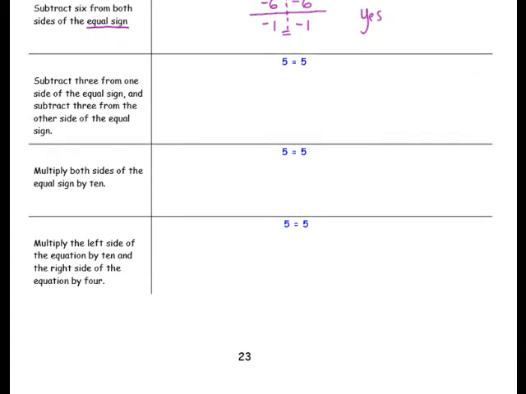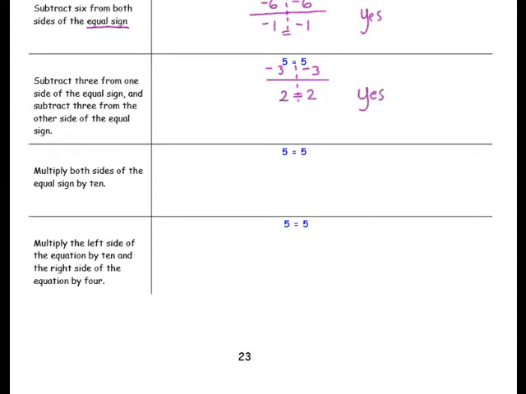Subtract 3 from one side of the equal sign and subtract 3 from the other side. 5 take away 3 is 2. 5 take away 3 is 2. These values are equal, and the answer is yes.